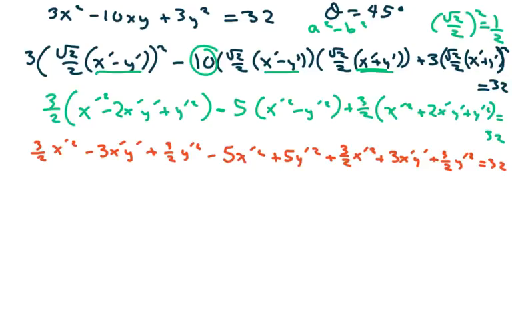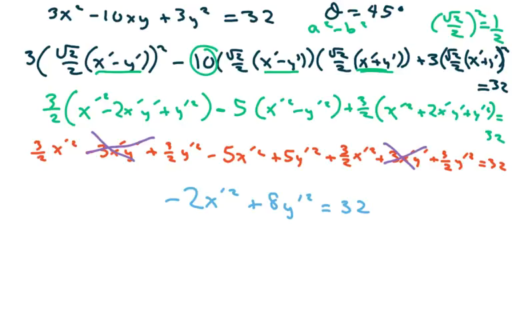Now, if you notice, what cancels out are my xy's. So that cancels, and this cancels. And when you combine everything, what you're going to get is negative 2x prime squared plus 8y prime squared equals 32.